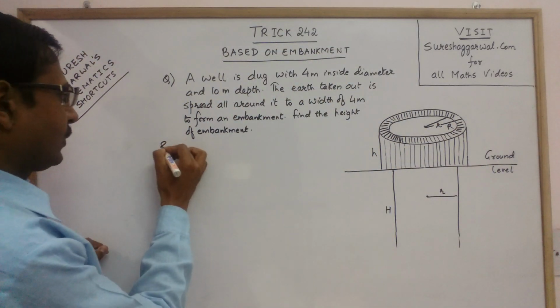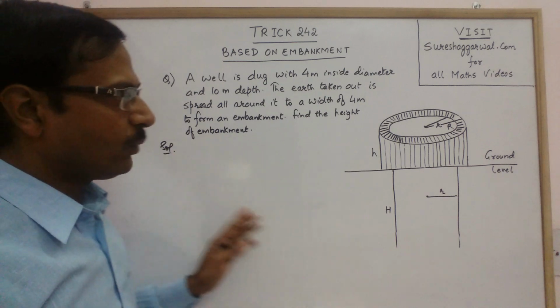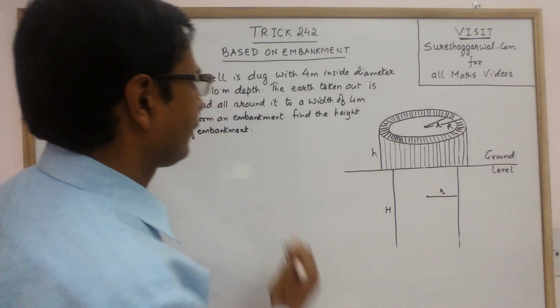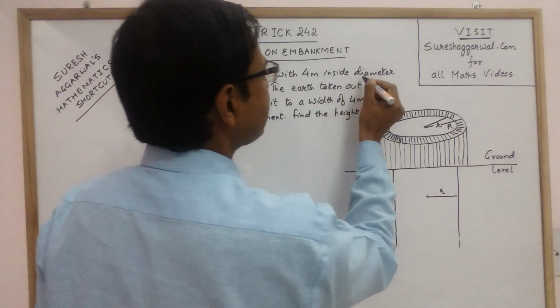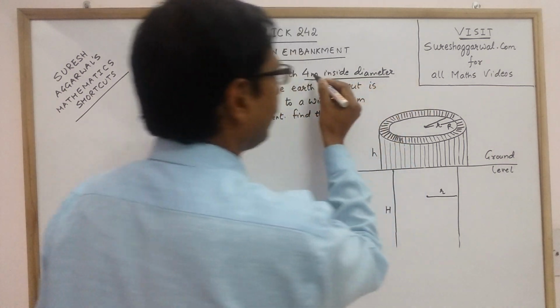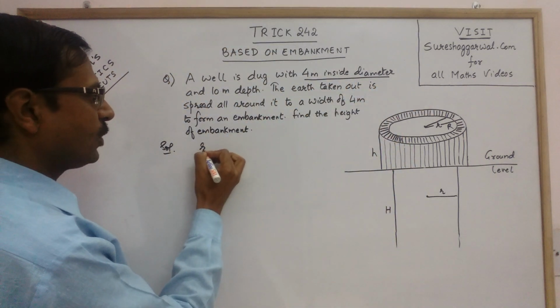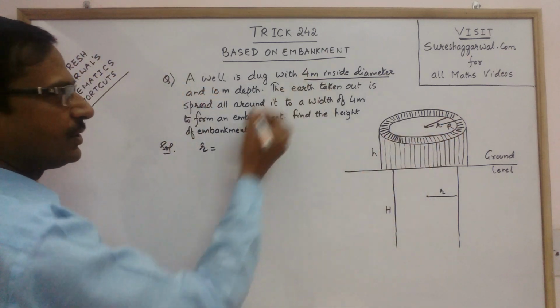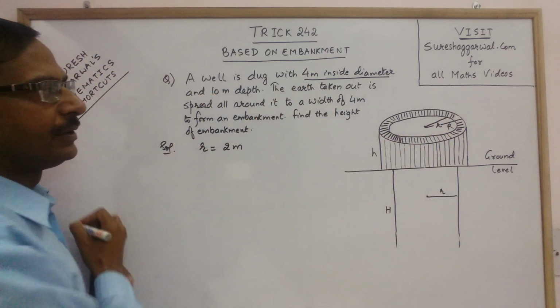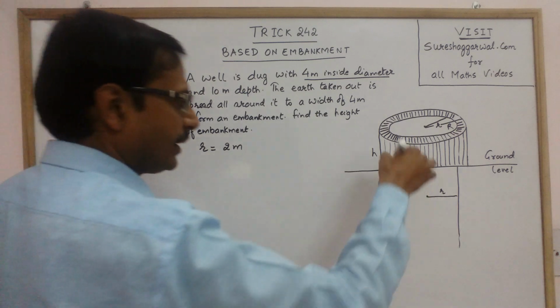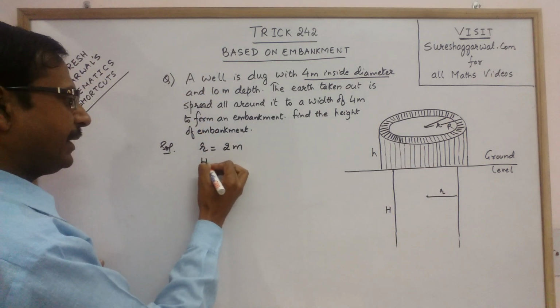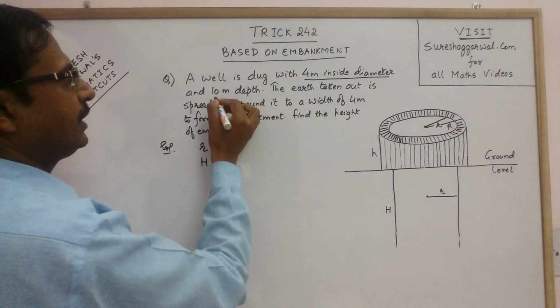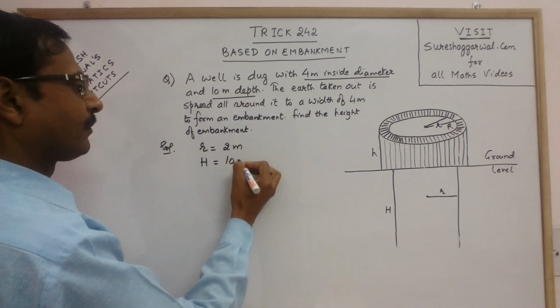Now let us write whatever is given in the question. The well is having a diameter of 4 meters, so small r, radius of the well, is 2 meters. The depth of the well, capital H, is 10 meters.